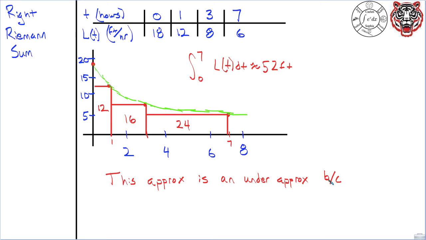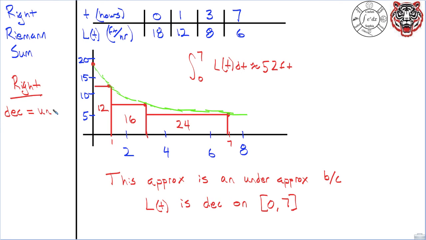And that's because L of t is decreasing on 0 to 7. So on our side, we can say when you have a right, when it's decreasing, that's going to be under, and when it's increasing, it's going to be over.